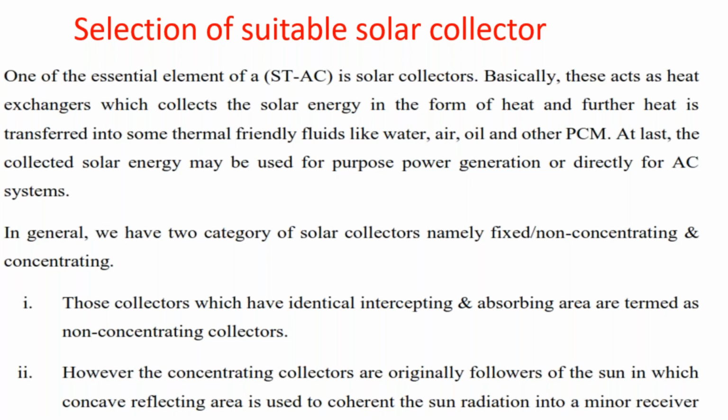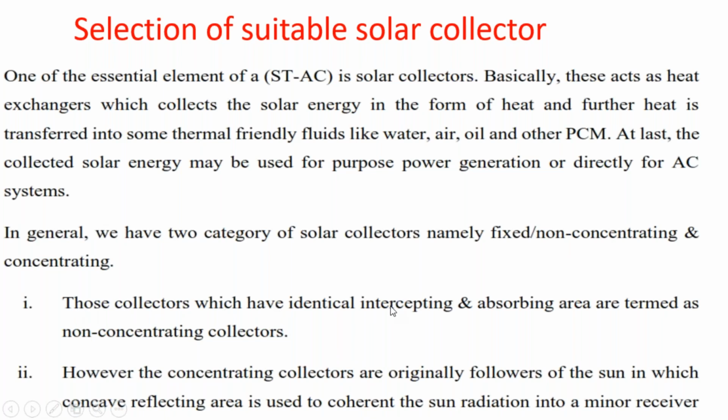At last, the collected solar energy may be used for power generation or directly used for the air conditioning system. Now again, as I have already told, there are two types of solar collector. One is the fixed or non-concentrating type, and I have already discussed this term.